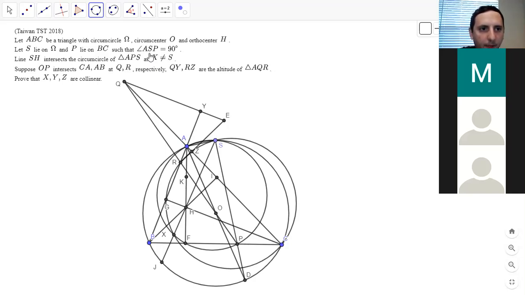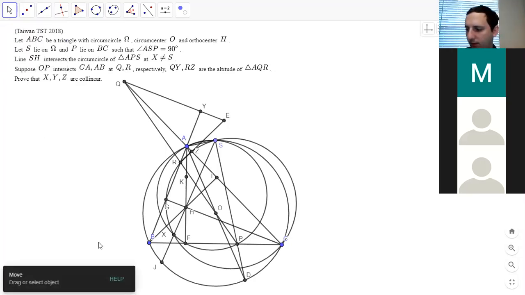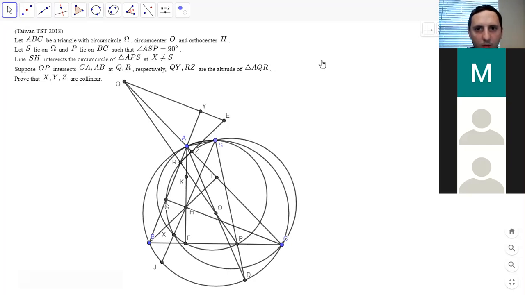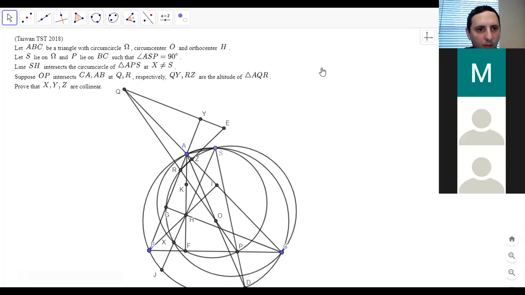Yeah. Power of a point from H. Oh, it follows that X lies on it, I guess. Because X, let's see, X is the midpoint. I guess what are you saying follows by power of a point? That it's cyclic, or that X is the midpoint of HJ?